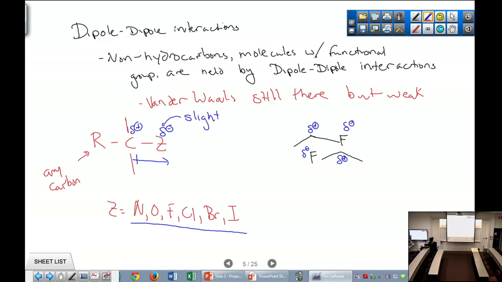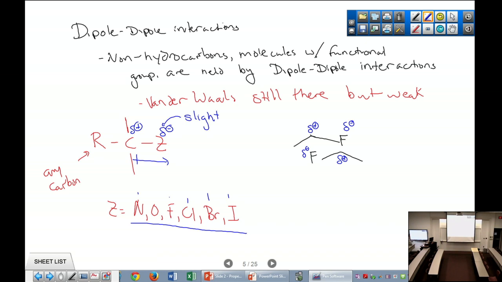So if Z is an electronegative element, nitrogen, oxygen, fluorine, chlorine, bromine, iodine, you're going to form a dipole where the carbon is going to be slightly positively charged and the Z group, whatever it is, will be slightly negatively charged. Right? And that forms your dipole.